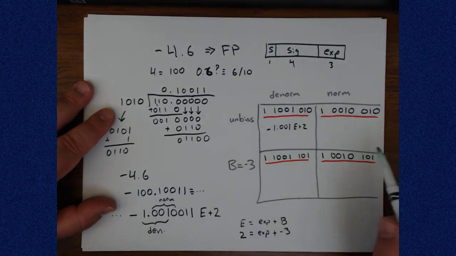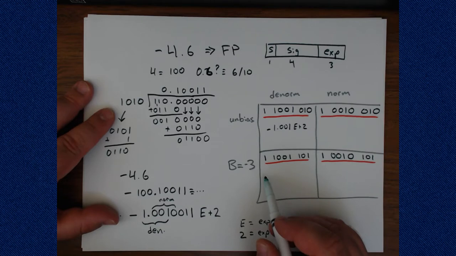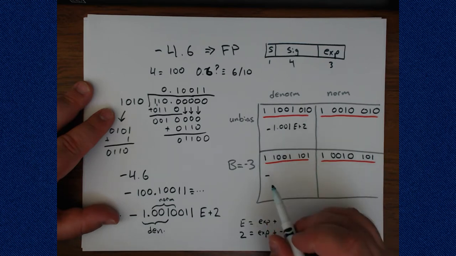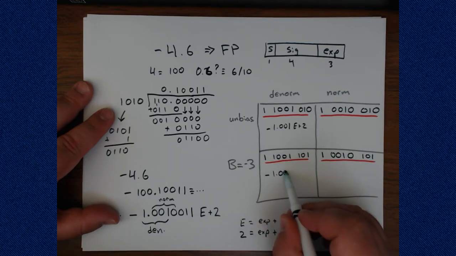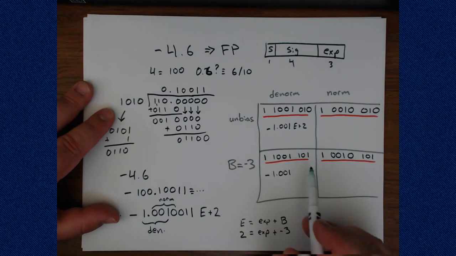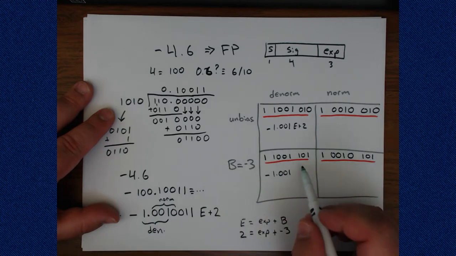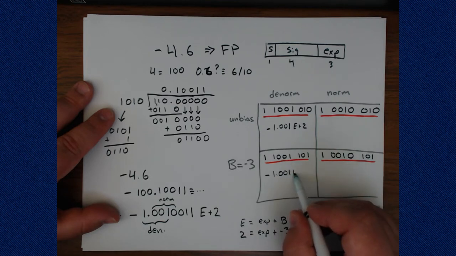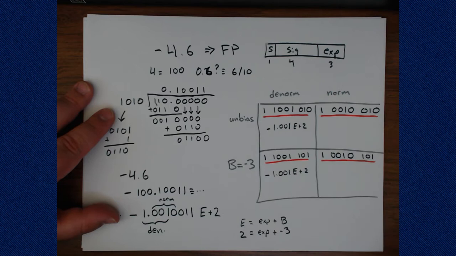Let's do the same thing for each of these. We'll do this one here. Again, we know this is negative, and then the significand being denormalized will be 1.001. And because this is a biased exponent, we're going to read this as 5 minus 3. That gives us 2. So e is positive 2.